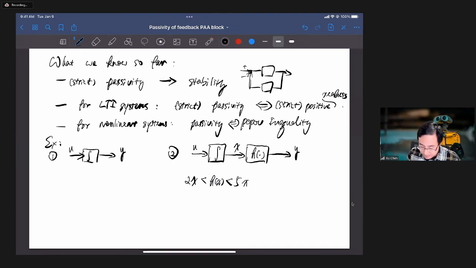Let's take a look. So the first one is integration. So there are two approaches.